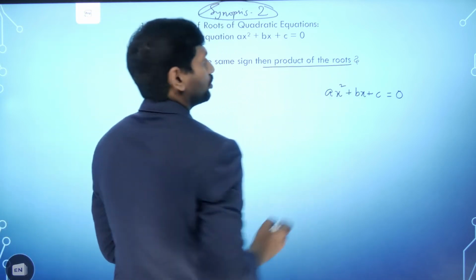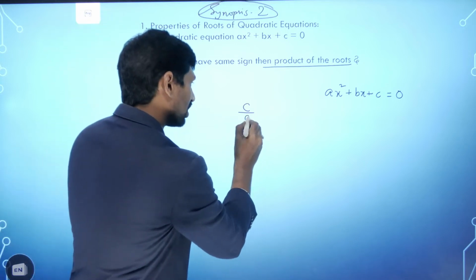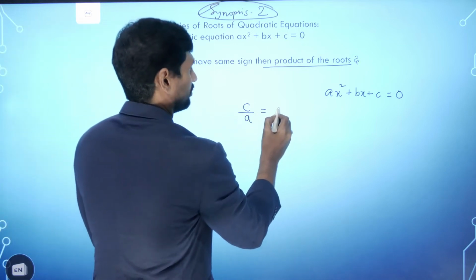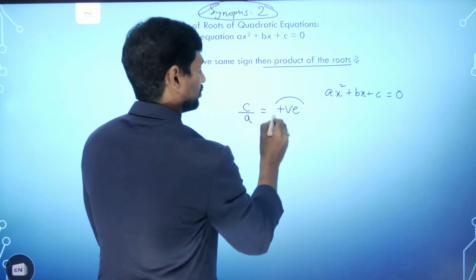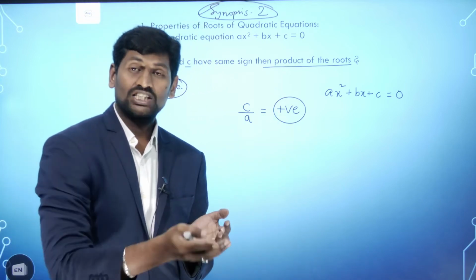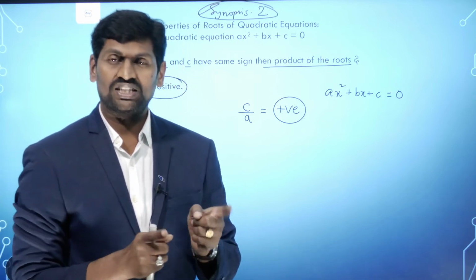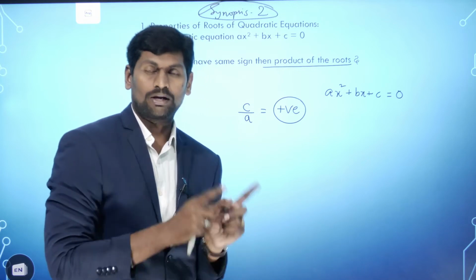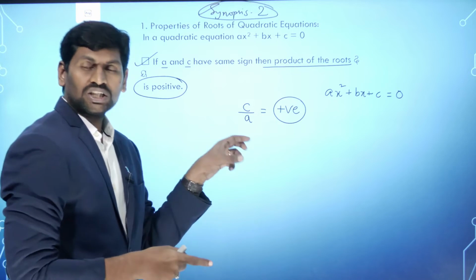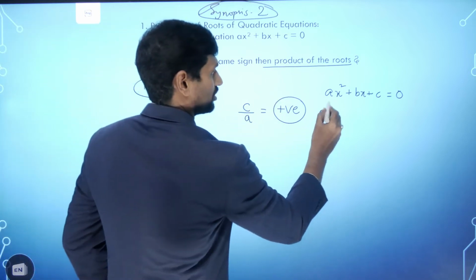Then the product of roots, formula C by A, is a positive value. Whether both are positive or both are negative, the product of roots is always positive.